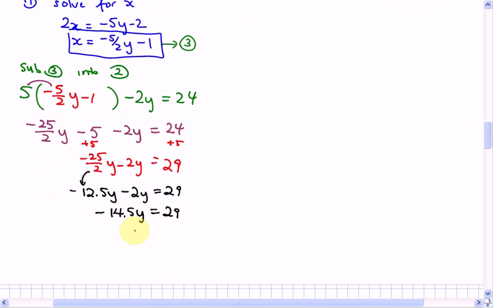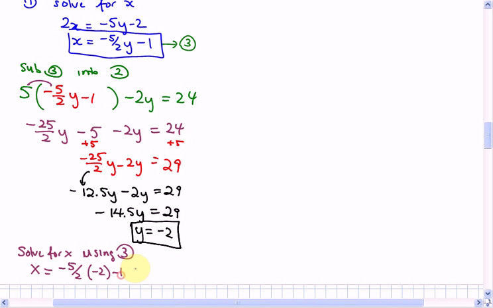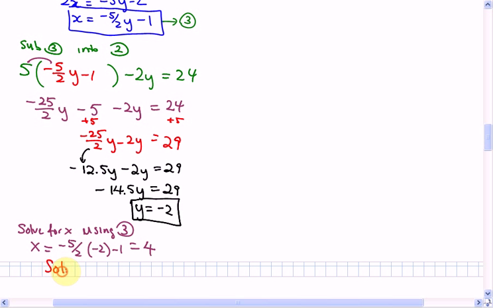And that actually equals a nice number, y equals -2. So once again, if you don't like fractions, decimals are perfectly fine. Don't forget, though, to now go back and solve for x. I'll use equation number 3. There you go.